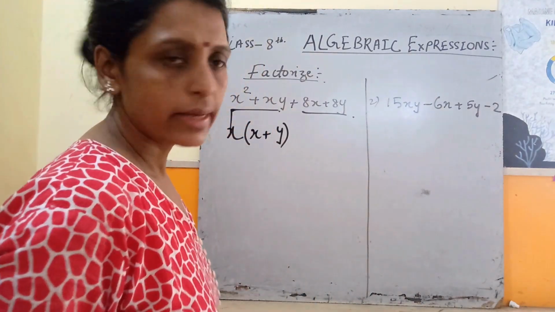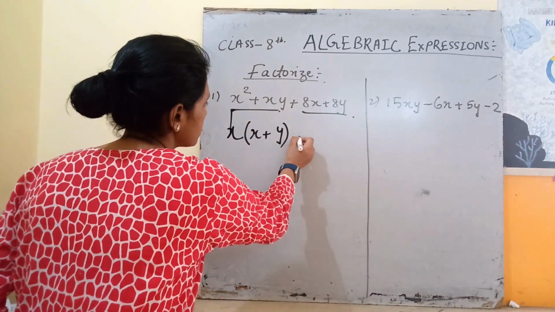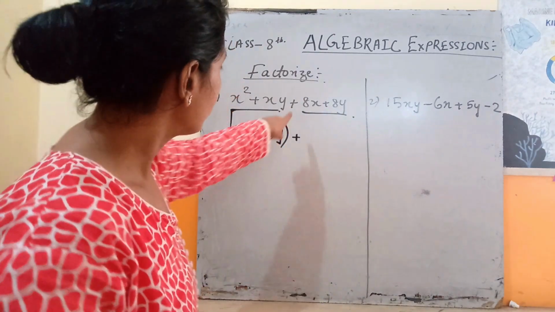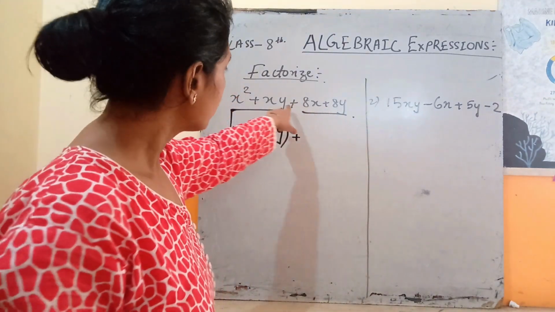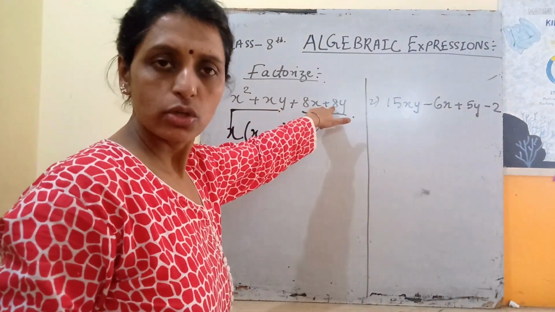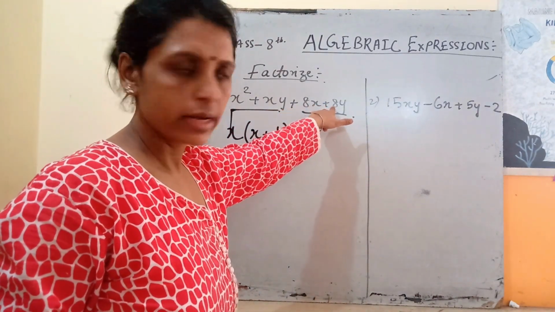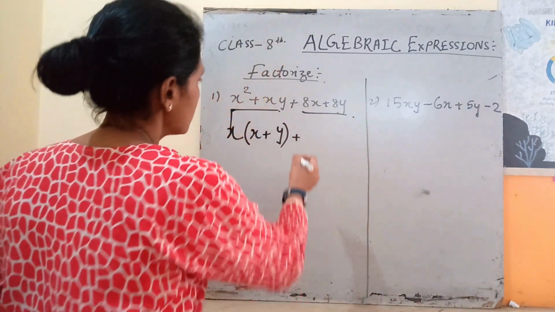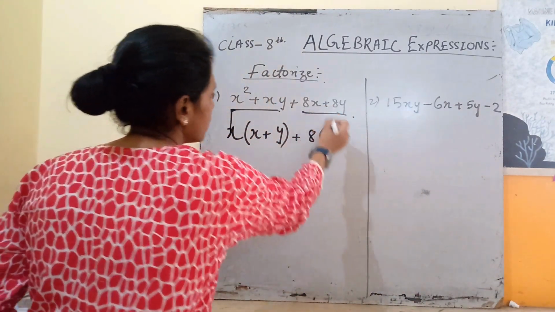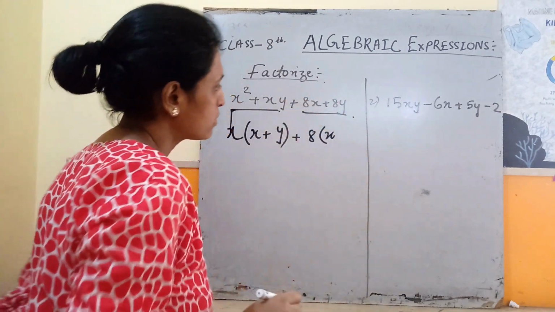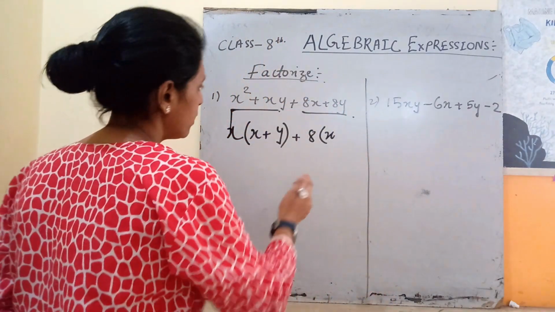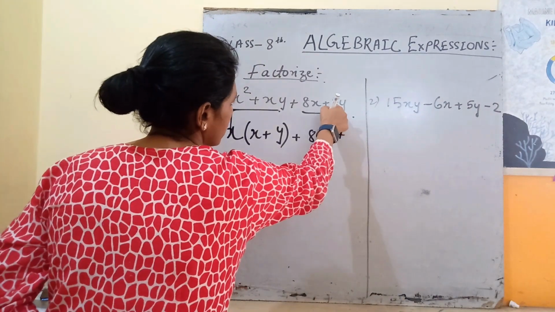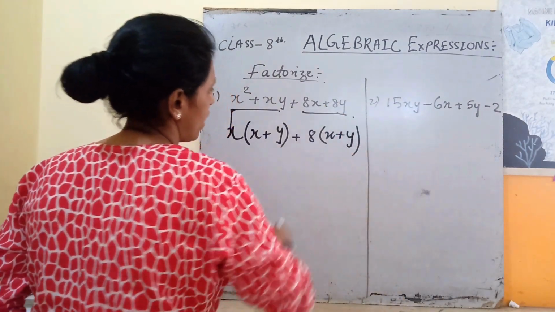Now let's see the second pair. We have 8x plus 8y. We can see that only 8 is common in both the terms: 8 multiplied by x plus 8 multiplied by y. So 8 can be taken as common, and we are left with x plus y.